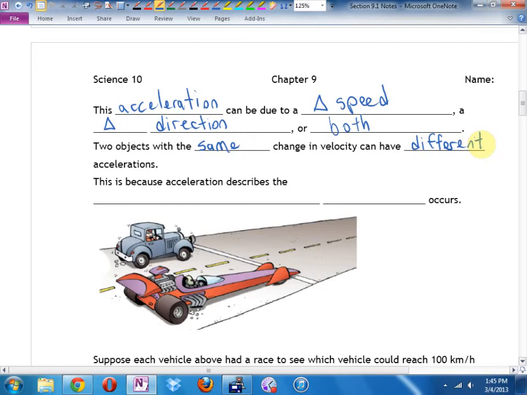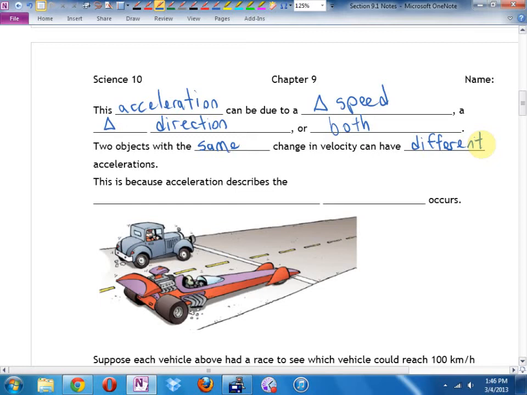And Justine starts out at 0, and so does Ty. And they both give their car gas, but Justine is much more aggressive than Ty. Justine floors it. She reaches a final speed of 100 kilometers per hour in 15 seconds. Ty reaches a final speed also of 100 kilometers per hour, but he takes 30 seconds.